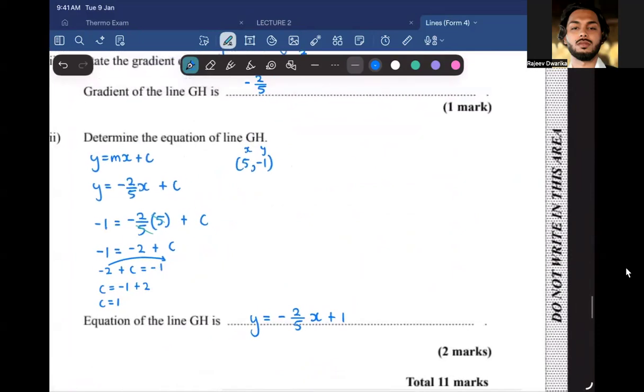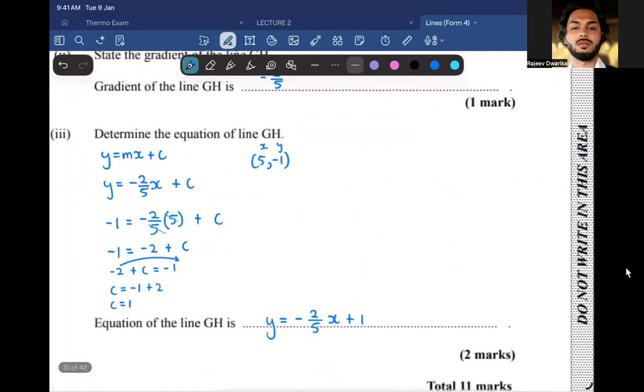Do you want to see it using the other method now? Yes, sir. Okay. Princess, I feel like you're going to end up using this method in the exam, so I want to see if you remember it. Tell me, what's the formula we're going to use?